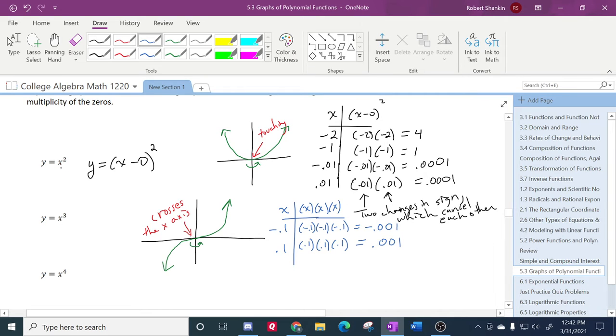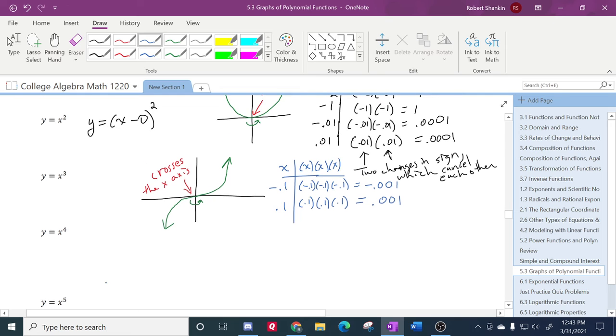When the multiplicity is even, what we're going to see is one thing happens. When the multiplicity is odd, because remember this is really x minus 0 cubed, and so it's a term that's odd multiplicity, then we get this crossing happening.